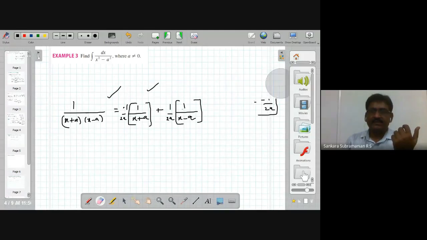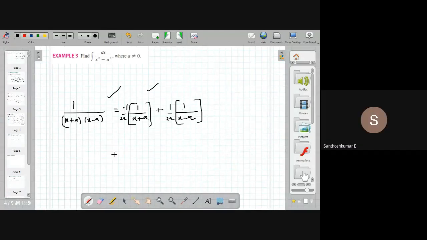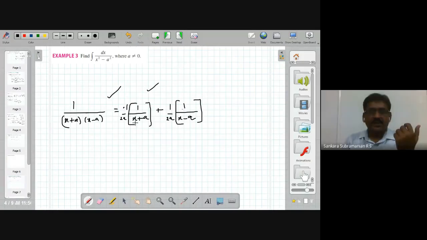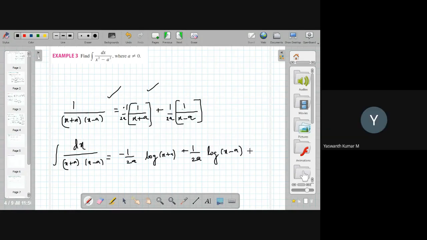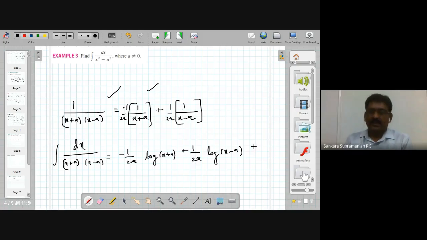So what is the answer? Here you can go for the integral of dx by x plus a into x minus a equal to minus 1 by 2a log of x plus a, plus 1 by 2a log of x minus a, plus a constant.